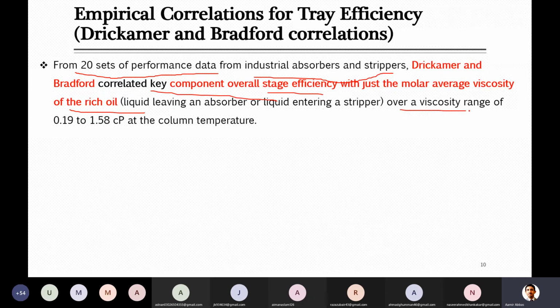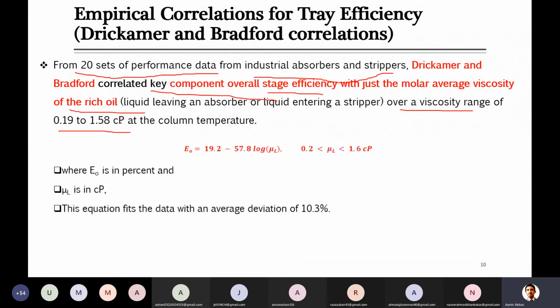And the important thing here was that the viscosity was in this range, 0.19 to 1.58 centipoise at the mean column operating temperatures. So at the end of the day, after analyzing all the data, they linked the efficiency of the column with the viscosity of the liquid. They said that if we know the viscosity of the liquid which we are going to use for absorption in any system, it can be linked with an equation involving some constants, based on those performance parameters, to the overall efficiency of the column.